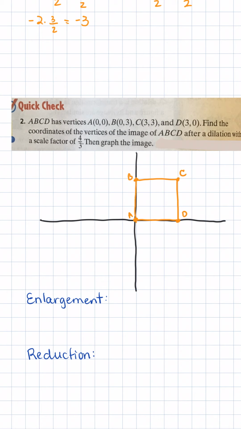Find the coordinates of the vertices of the image of ABCD after a dilation with a scale factor of 4/3. Then graph the image. You take each one of these, right? We have 0, 0. 0 times 4/3 is still going to be 0, so that one's still 0, 0.